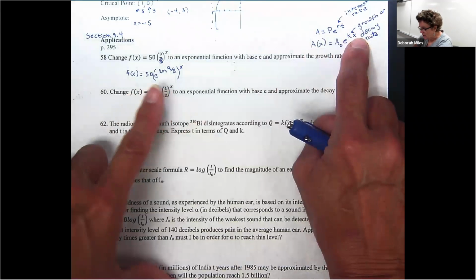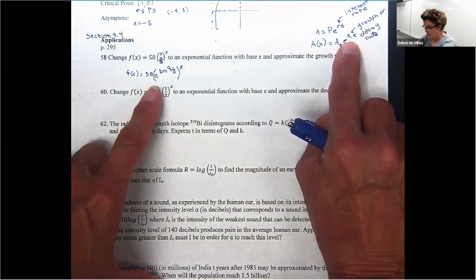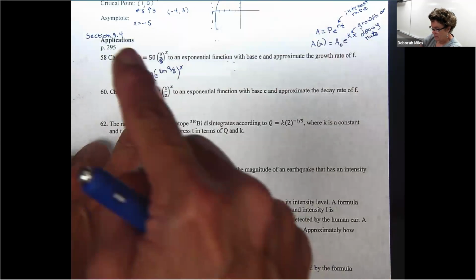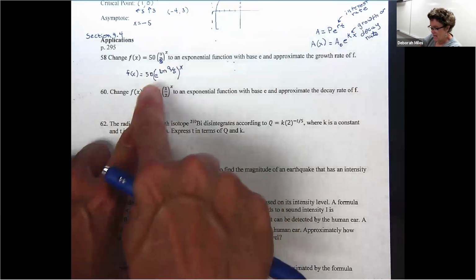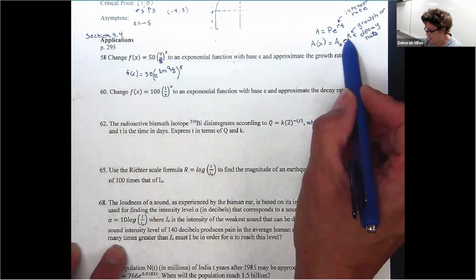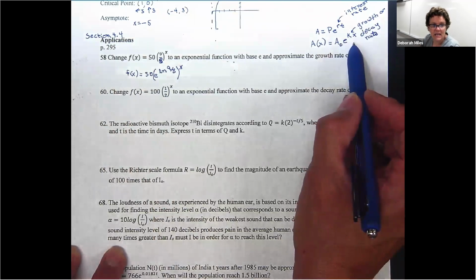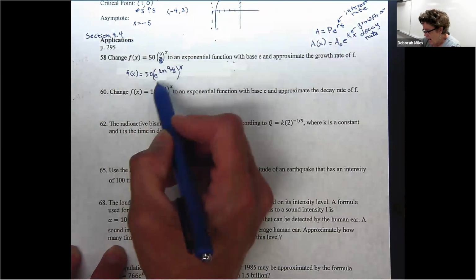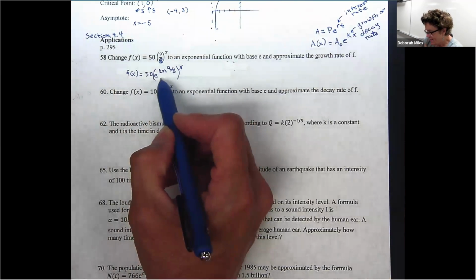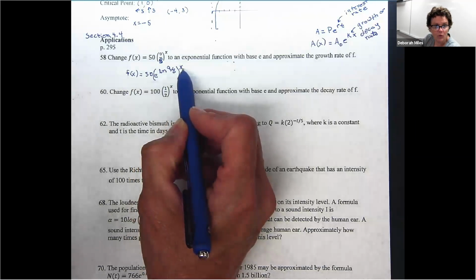So what we're looking for is this value of K, this growth or decay rate, and it has to be the coefficient of X when this is written in exponential form with base e. So I'm thinking this is e to a power to a power.